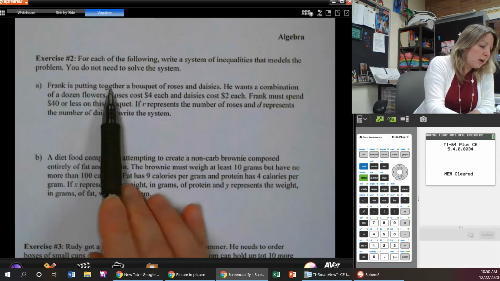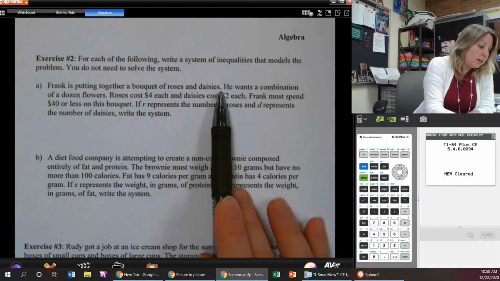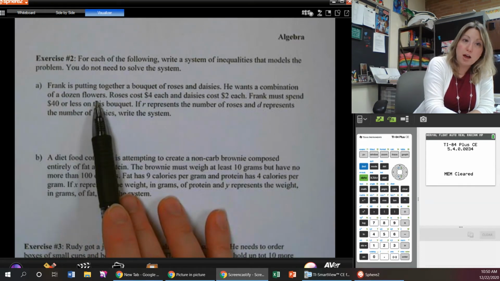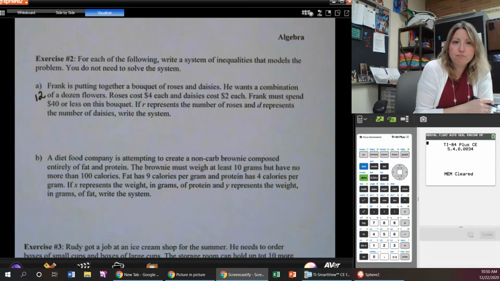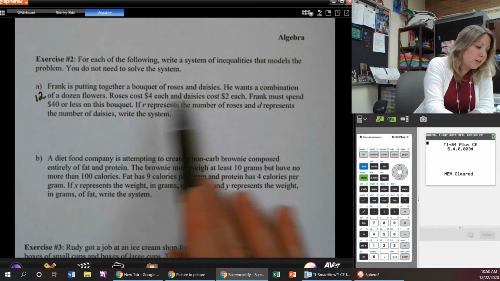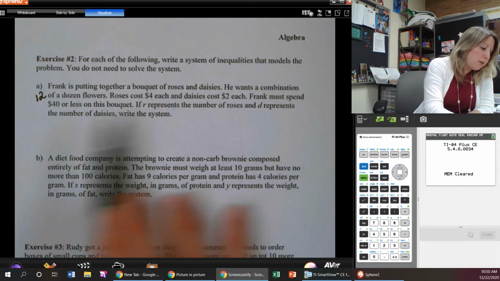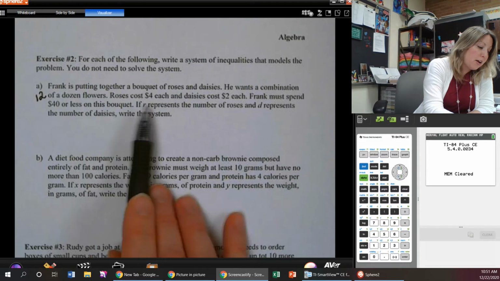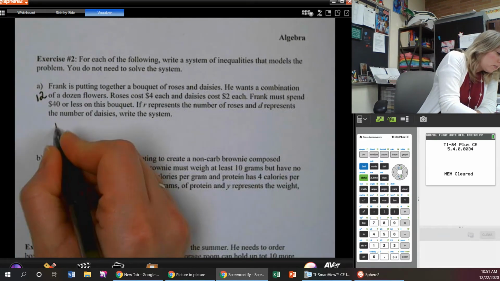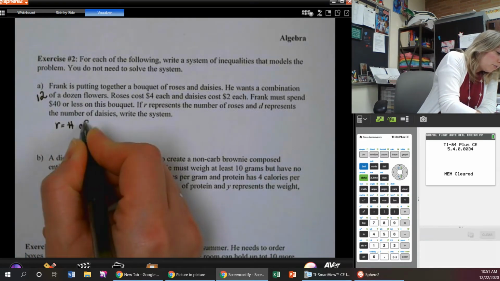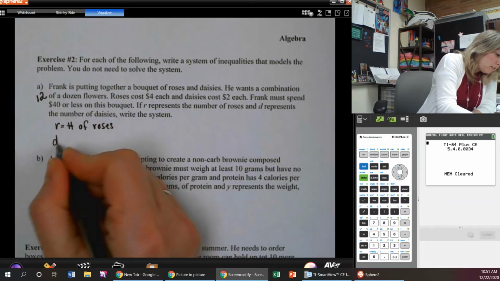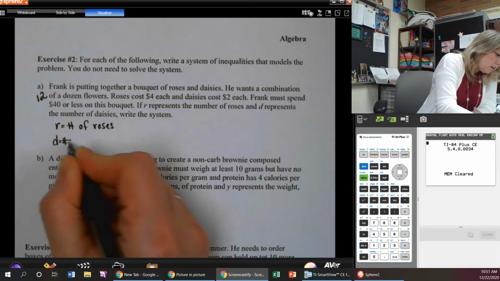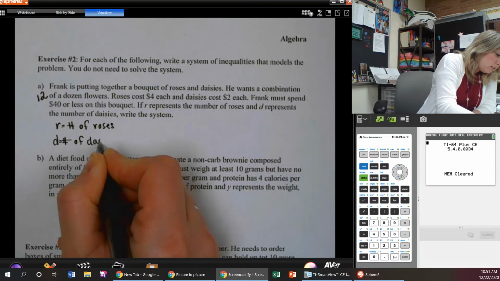So Frank is putting together a bouquet of roses and daisies, and he wants a combination of a dozen flowers. How many is a dozen? 12. Got it. Roses cost $4 each. Daisies cost $2 each. Frank must spend $40 or less on this bouquet. R represents number of roses, and D represents number of daisies.